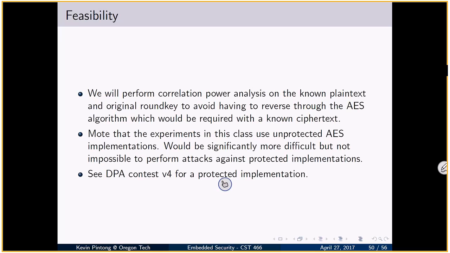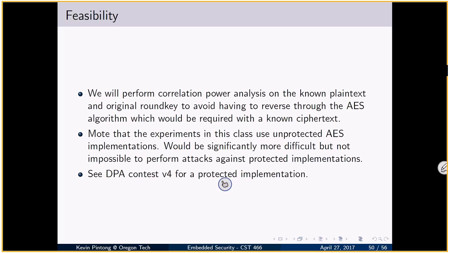Note that the experiments in this class, we don't use the protected versions of AES. They do have protected libraries out there that would make it way, way, way harder to attack these. But we're just going through and trying to see, well, is there leakage and can we attack this, right? If we were naive in implementing our system, can we attack it?